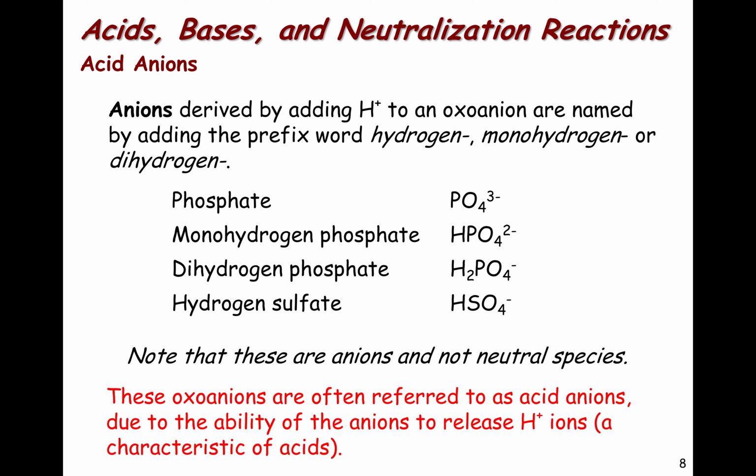If you give two hydrogen ions to phosphate, you would have the dihydrogen phosphate ion, which only is -1. Likewise, sulfate is SO4 2-, and we can give one hydrogen ion and produce the so-called hydrogen sulfate ion.